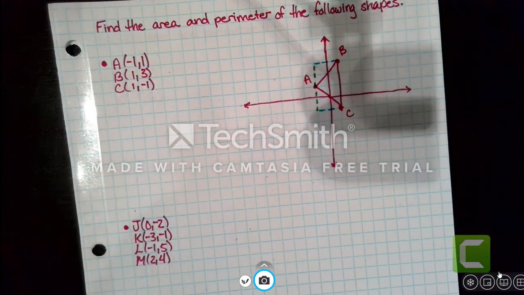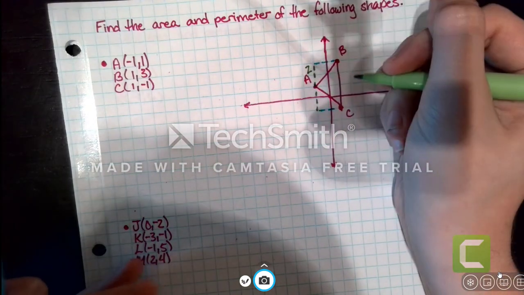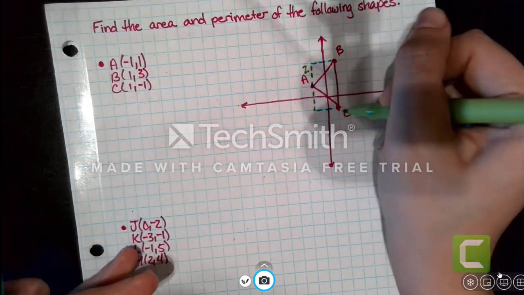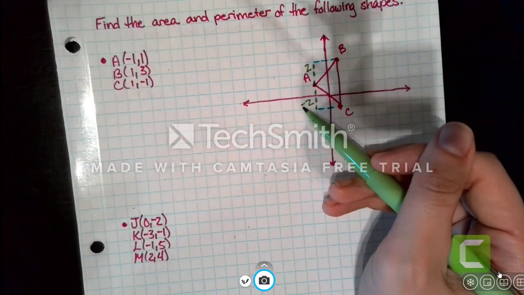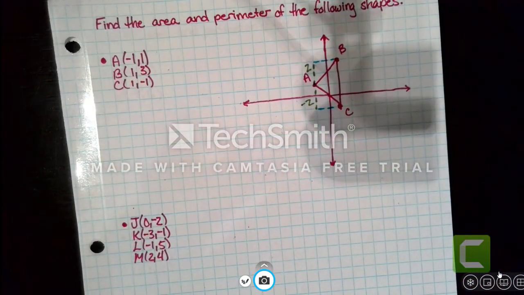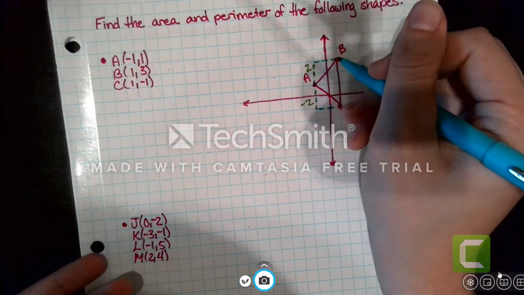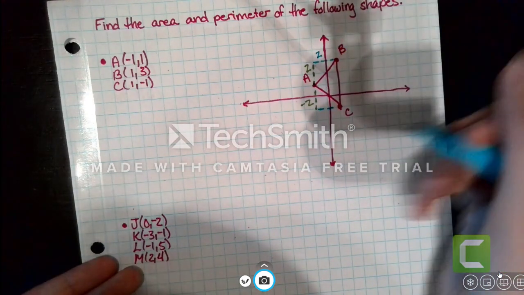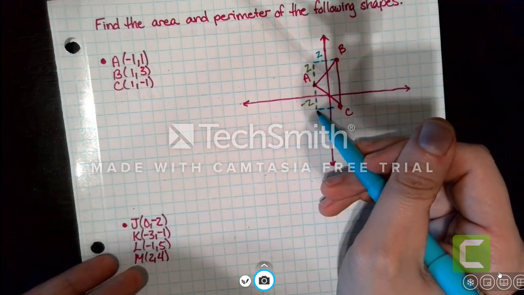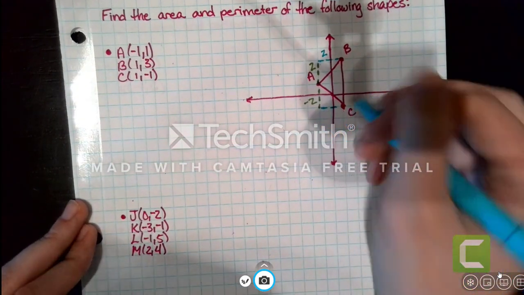So as I can see here, to get from A to B, I have to go up 2. To get from A to C, I have to go down 2. And since I go down, I do a negative. Next, I have to go to the right exactly 2 to reach B. So I do a positive 2. And same thing here. When I reach the bottom left corner, I have to go to the right 2 to get to point C.